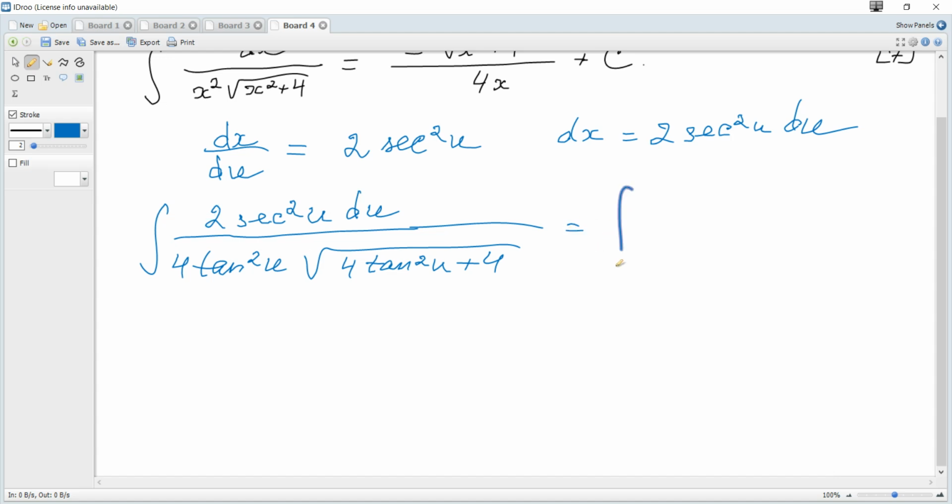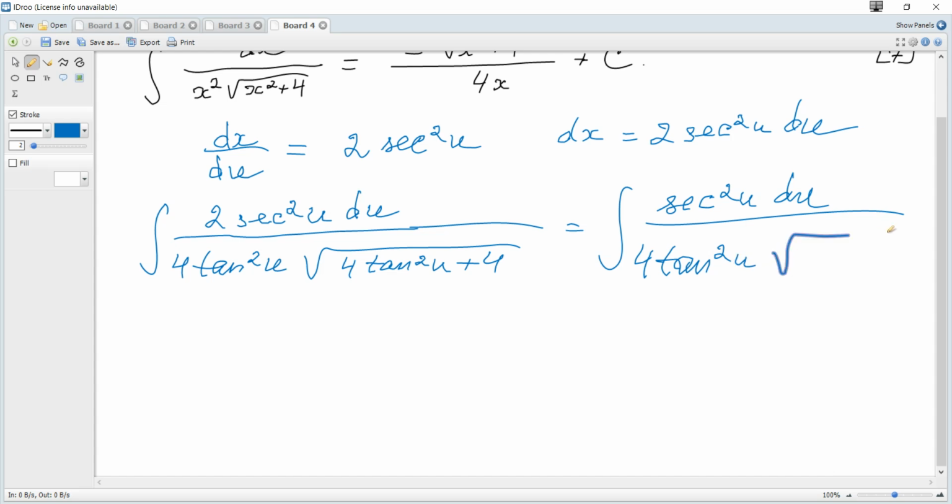So it becomes secant squared of u du over 4 tangent squared, and the root of tangent squared plus 1, which is secant squared of u, and a root, so it's just secant.